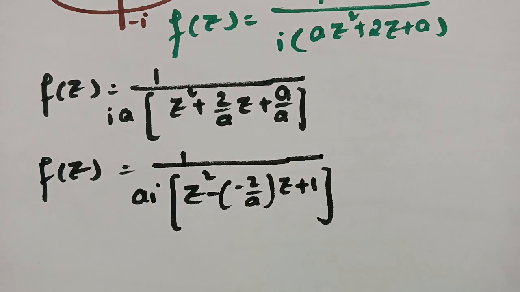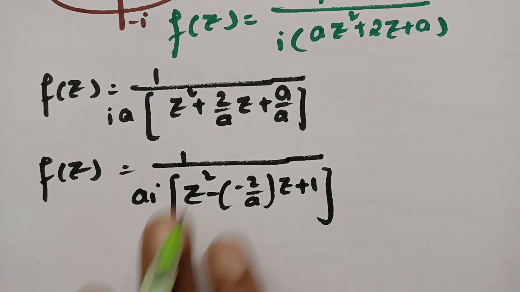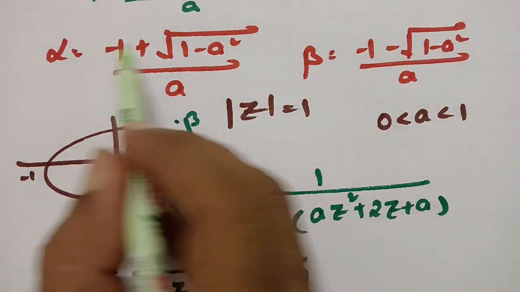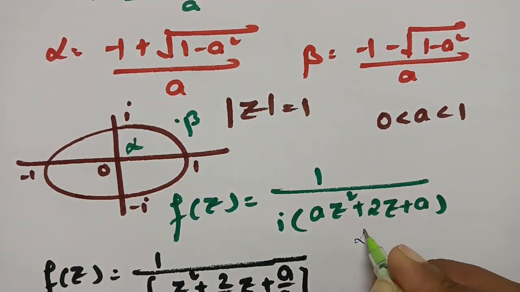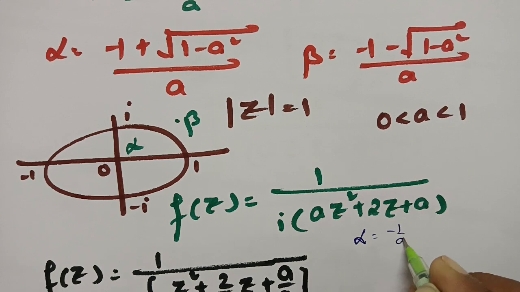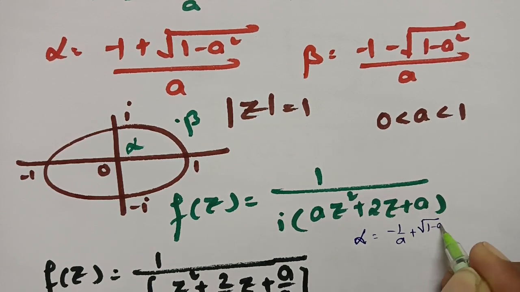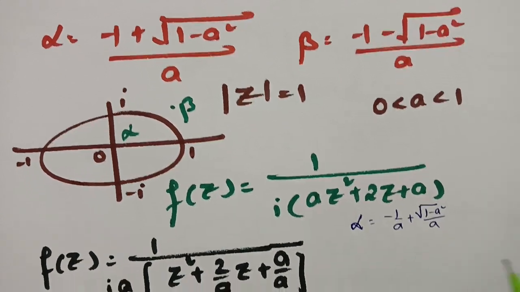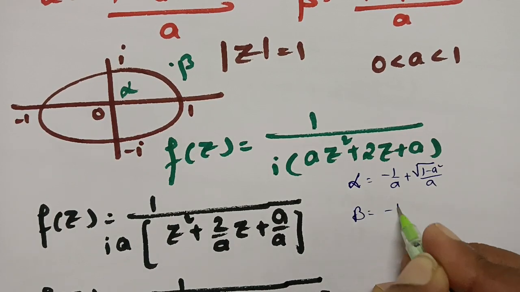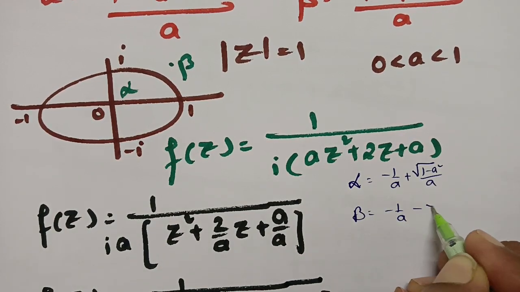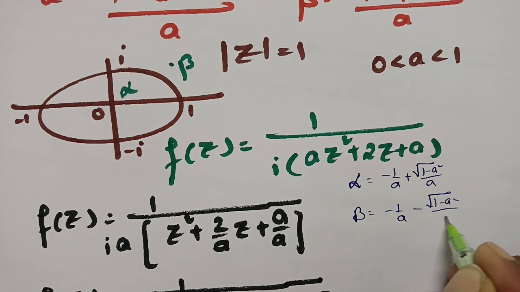Clear? Now see here, we have two values ready, that is alpha and beta. Alpha value is minus 1 by a plus root over 1 minus a square by a, and beta value is minus 1 by a minus root over 1 minus a square by a.